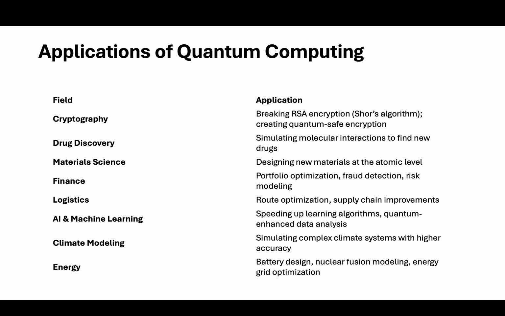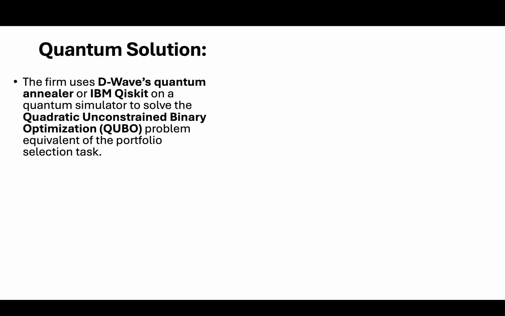Okay, and moving on, quantum solutions. The firm uses D-Wave's quantum annealer or IBM Qiskit on a quantum simulator to solve the quadratic unconstrained binary optimization, or QUBO, problem equivalent to the portfolio selection task.